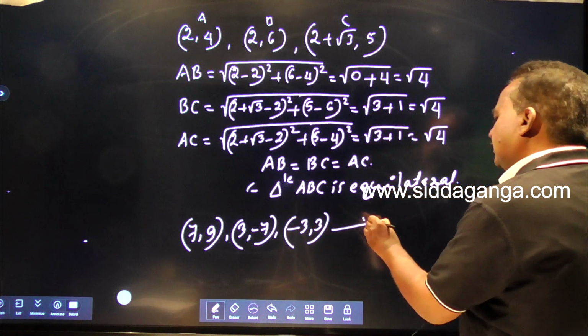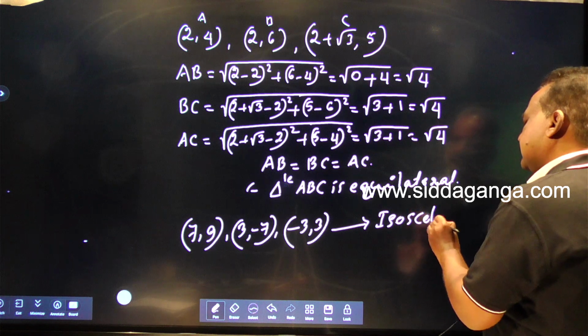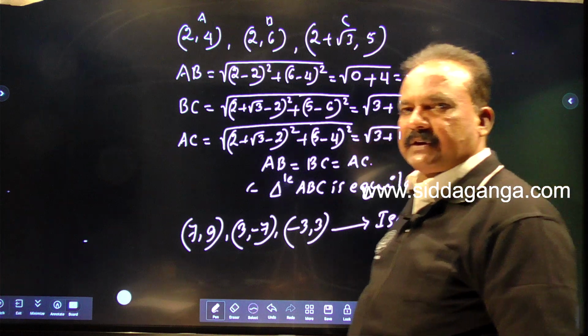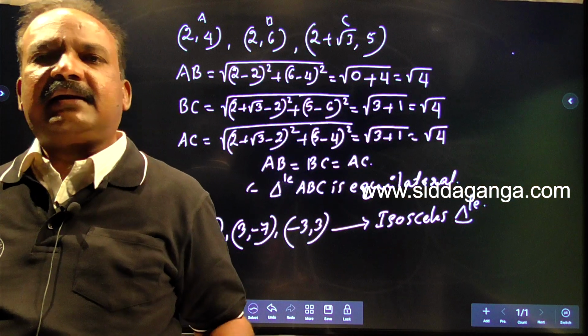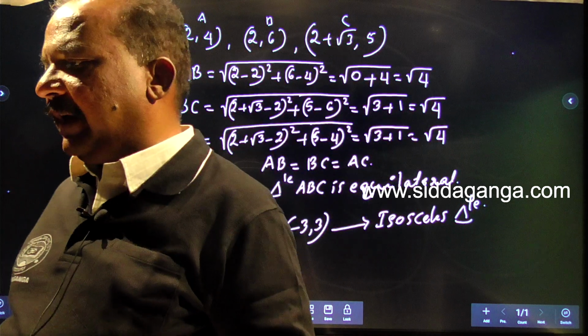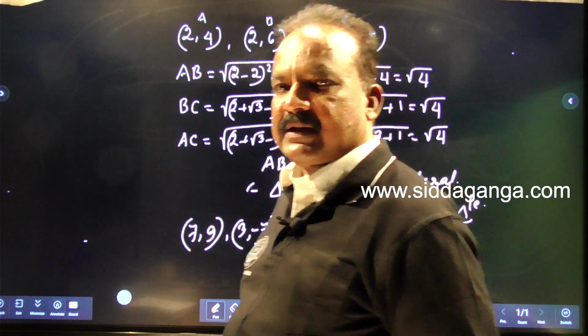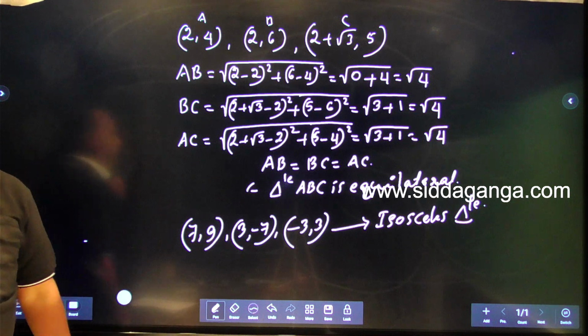So this you have to prove that these are the vertices of isosceles triangle. Isosceles triangle means two sides of the triangle must be equal. Two sides, any two sides. Either AB may be equal to BC, or AB may be equal to AC, or BC may be equal to AC. So like that you have to prove that two sides of the triangle are equal.